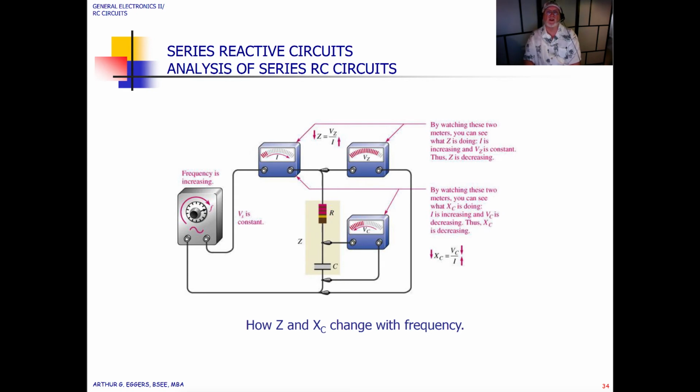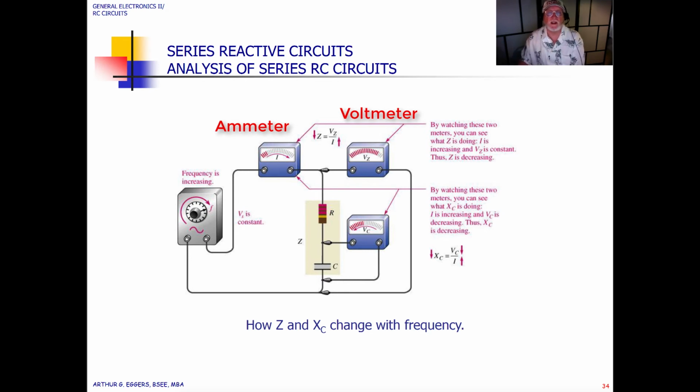By watching the two meters, the current ammeter and the meter on the right, V sub Z, you can see what Z is doing. Current is increasing, and the voltage across the network, V sub C, is constant, thus Z is decreasing.